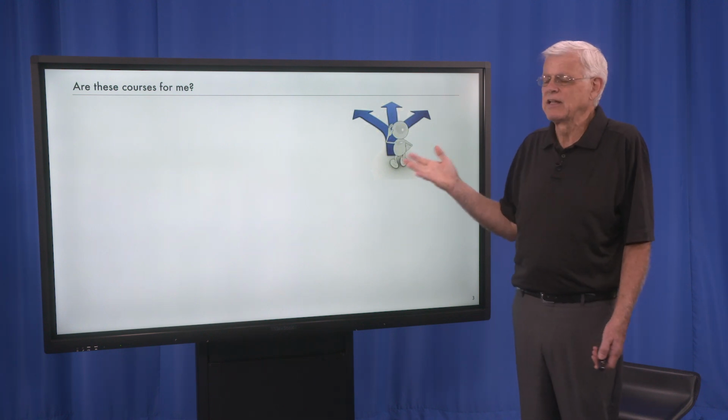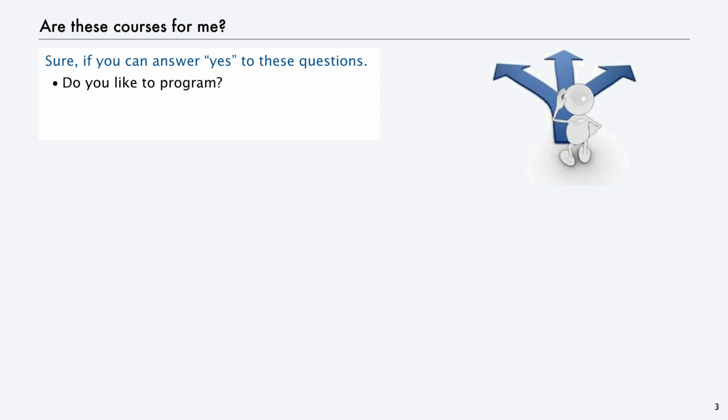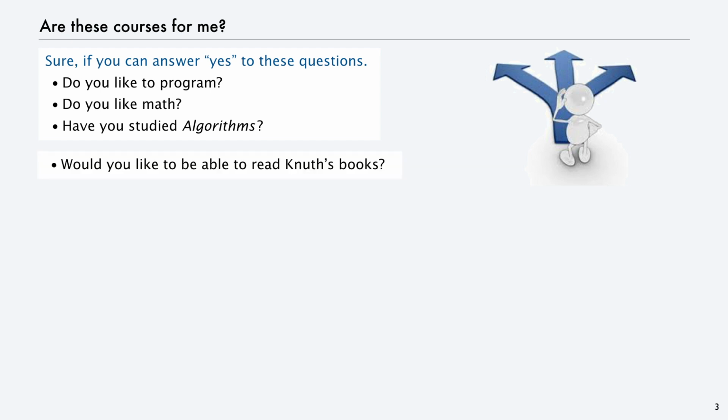But first, every prospective learner is wondering, is this course for me? And the answer is sure if you want to answer yes to these types of questions. Do you like to program? Do you like math? You need to like to program, and you need to like math to enjoy these courses. Have you studied algorithms? And by italic algorithms, I mean our textbook algorithms. Have you heard of Knuth's book?